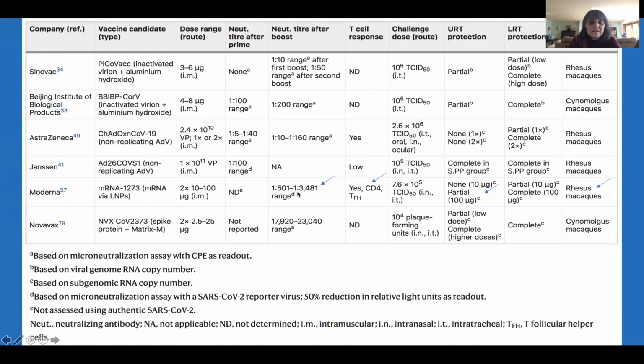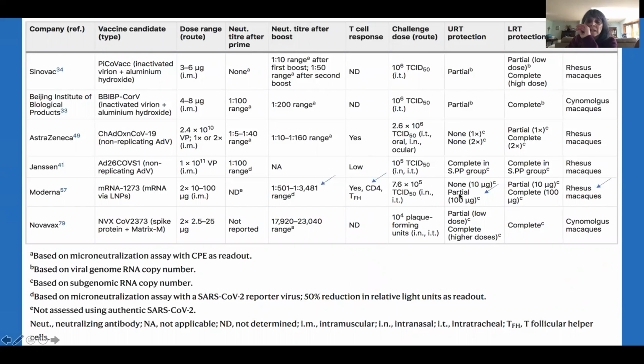And it's interesting that in the macaques, they got a much better response. They got a 1 to 3,481 titer for their antibody. That's tenfold better than they got in humans. I don't know why. I would love to be able to ask them why that's the case.